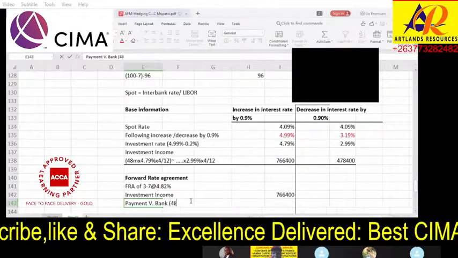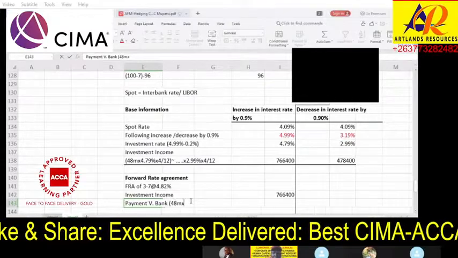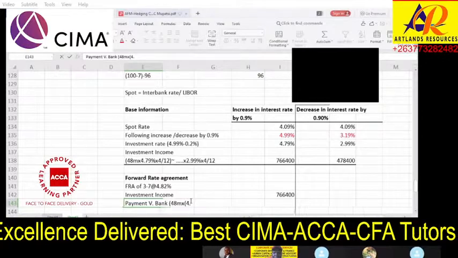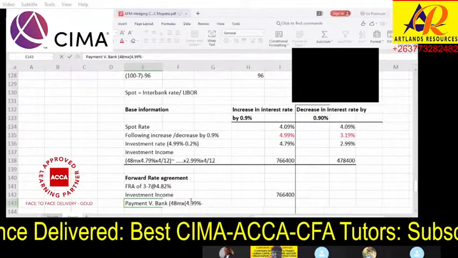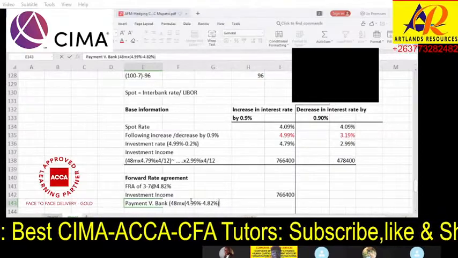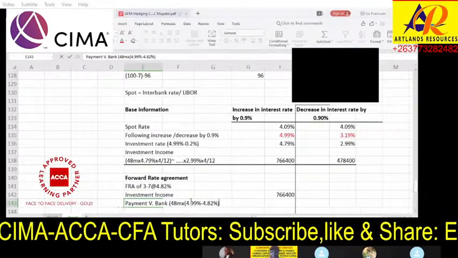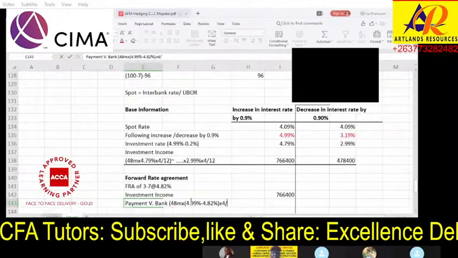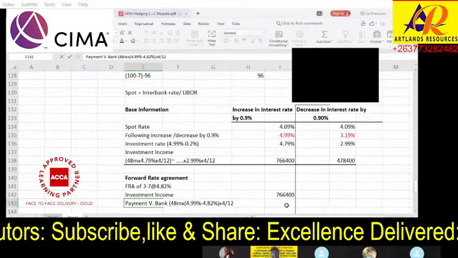48 million times open bracket 4.99% minus 4.82. I told you what you fix in a forward is the interbank rate, not your investment rate. So you then say times 4/12. So what do you get here?